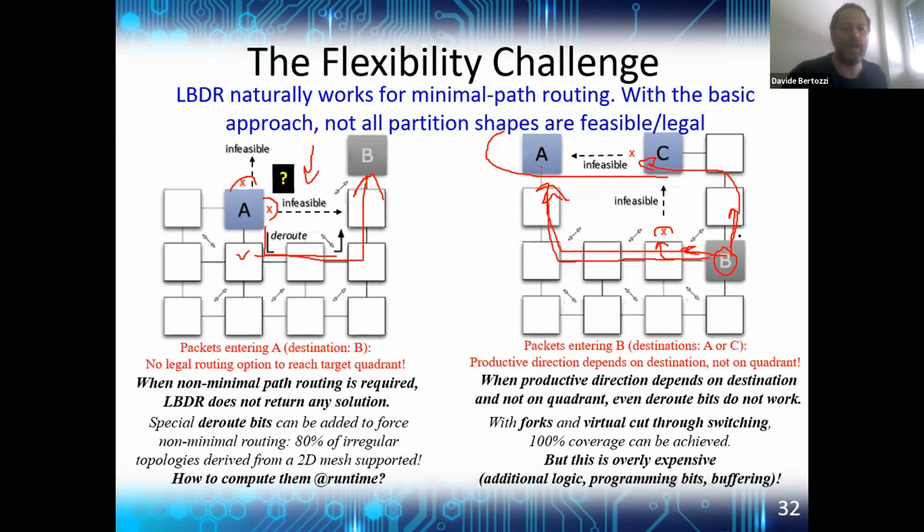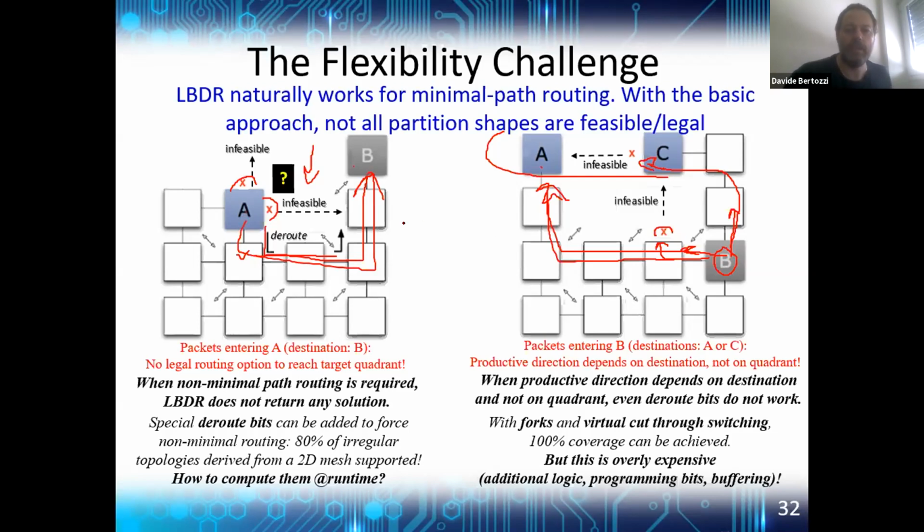Okay, so you have some flexibility limitations, but if you think about it, you still have a lot of flexibility. The flexibility you are allowed is to instantiate partition shapes that still enable minimal path routing. Here the downside is that from A to B, it's not minimal path routing with respect to the baseline mesh.